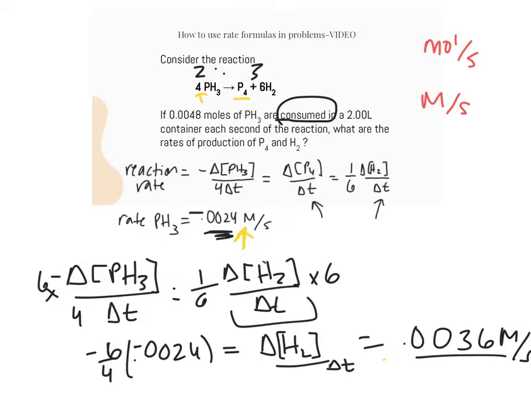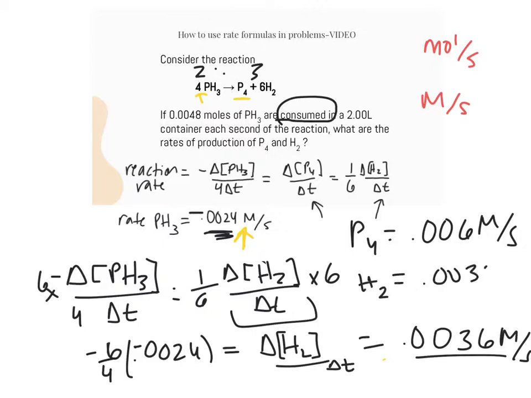All right, so that's how we think about it. So we would say P4 is equal to 0.0006 molarity per second, and H2 is equal to 0.0036 molarity per second. So this one's the slowest. This is 4 times as fast. This is 6 times as fast. So it's just thinking about these ratios, essentially.